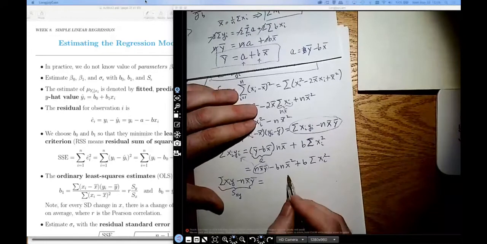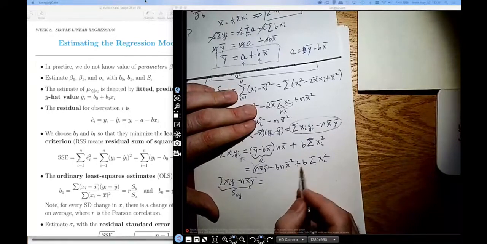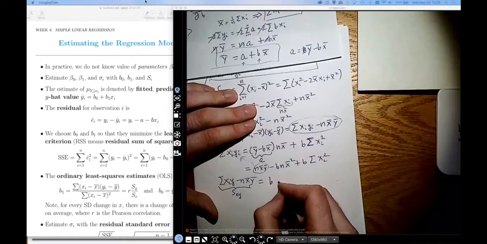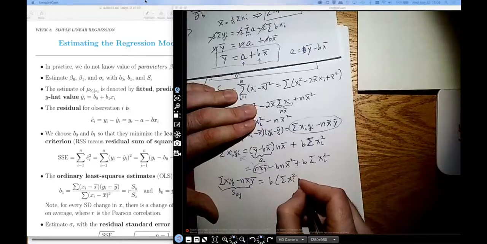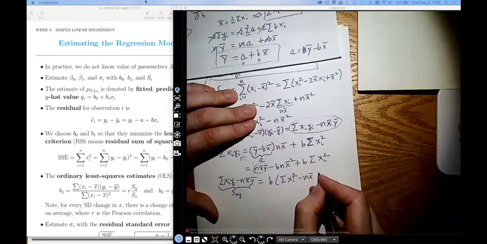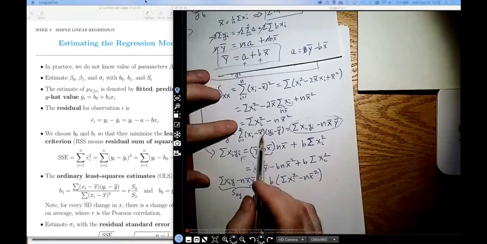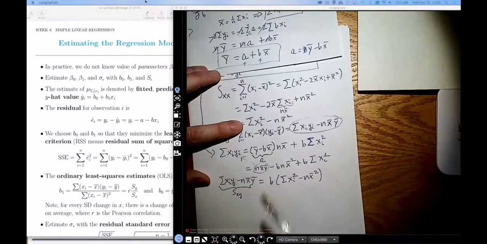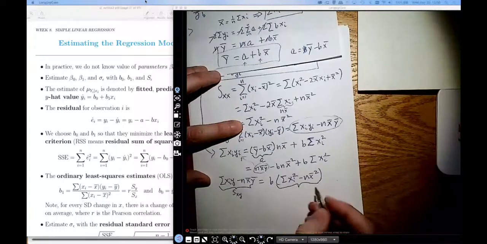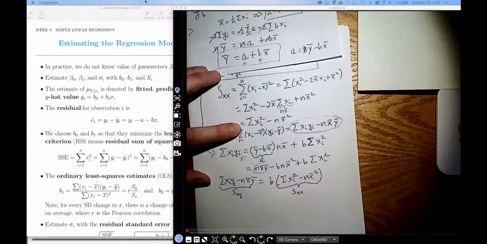And let me just change the order of these terms and factor out the b. So I have b times the sum of xi squared minus n x bar squared. Well, we just found that over here, this is simply Sxx.